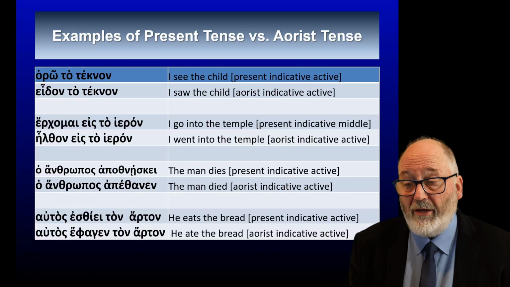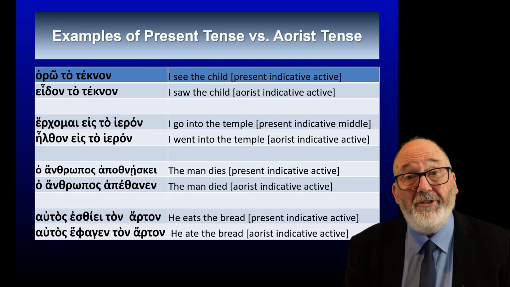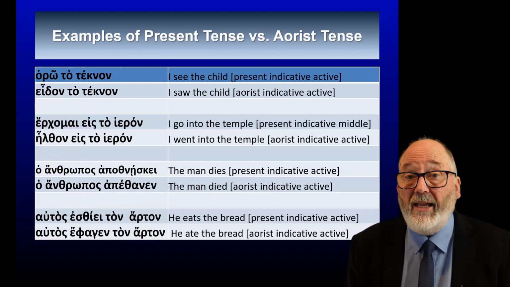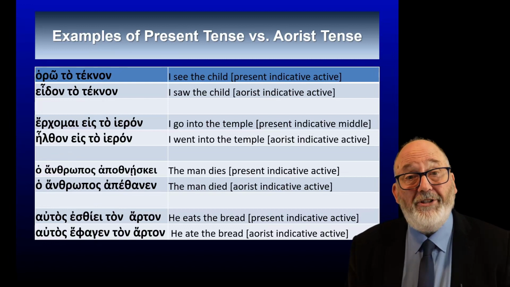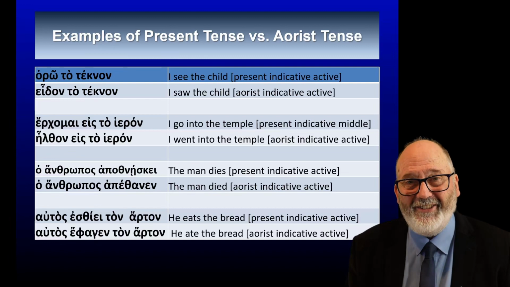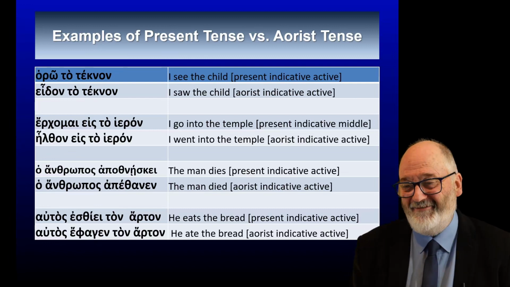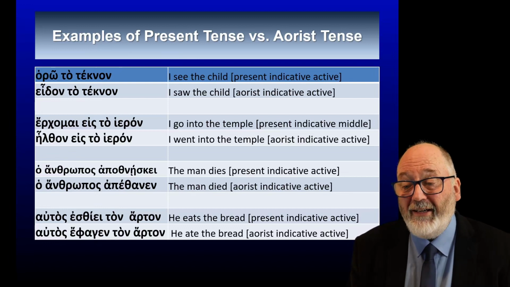Erchomai eis to hieron. I go into the temple. Actually, this is a bit tricky, isn't it? Because it's an omai verb. It's a middle verb, and it's the present indicative middle. But you will see that it's got an active aorist, althon. Well, isn't that interesting? So, erchomai eis to hieron. I go into the temple.